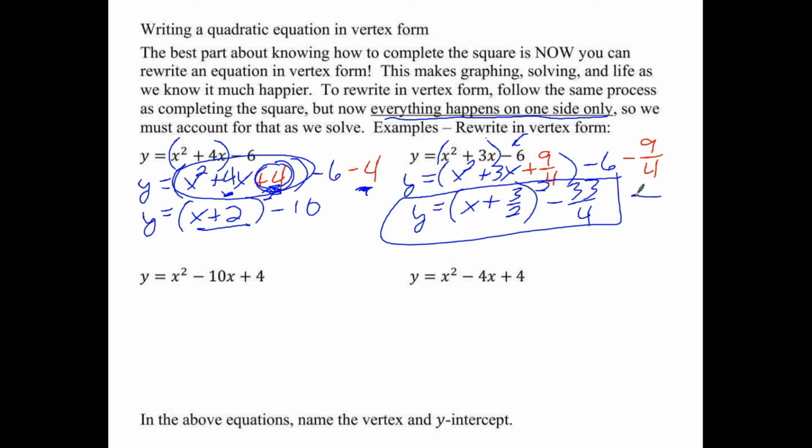Okay, lower left, what do we do? Group the x terms. So what do we have? Okay, and then?